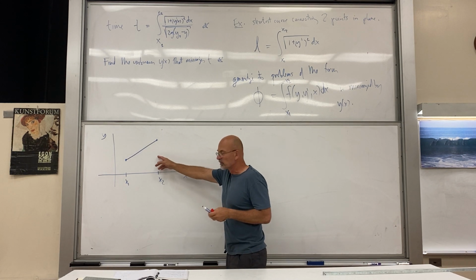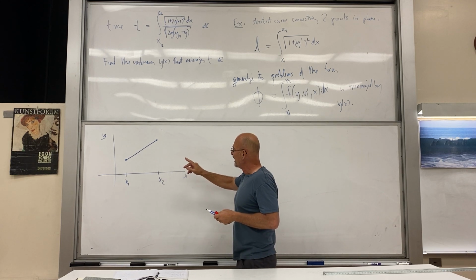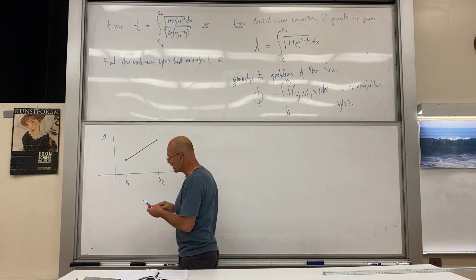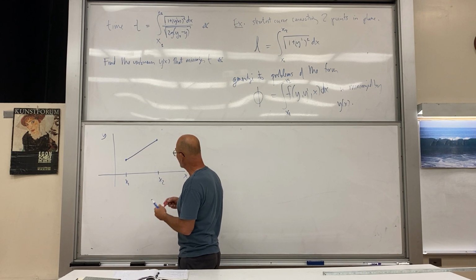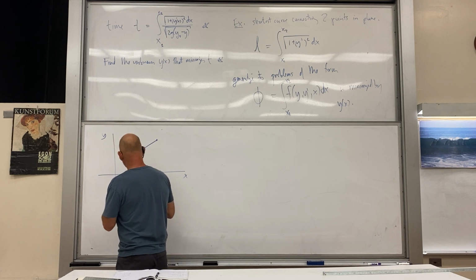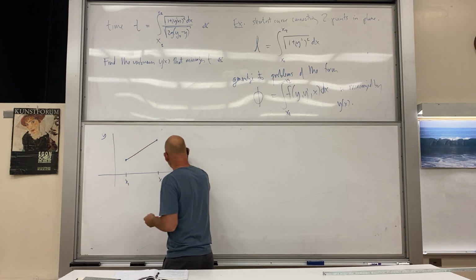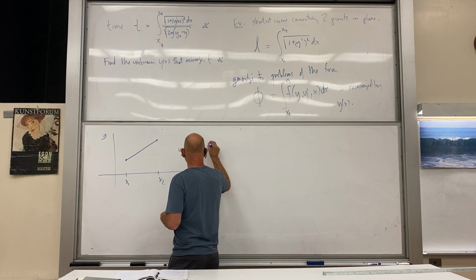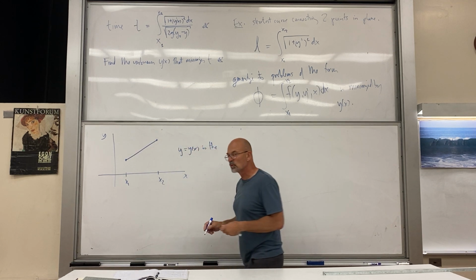Now what we're going to do is imagine that we know the answer to all these problems. In this case, we really do know the answer. And we're going to choose a function that's very close to it. I'll use red. So y equals y of x is the function we're looking for.